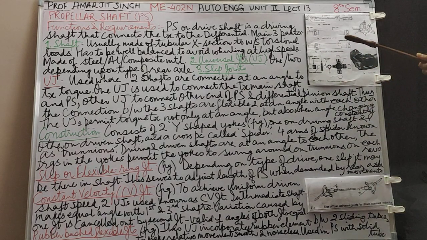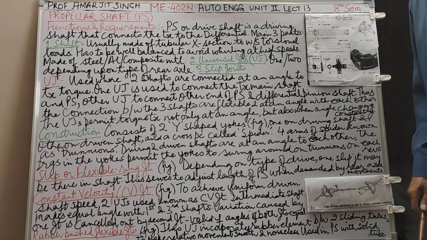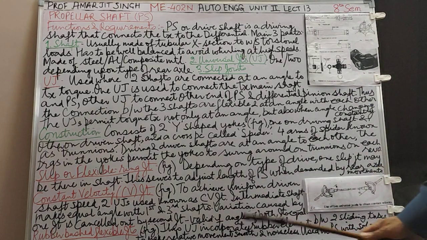You can see this rubber element inside between the two concentric tubes. This is solid. This is of course hollow. This is mounted on top of this. So you get a slip joint also, and you get the rubber element which provides noiseless and smooth operation.